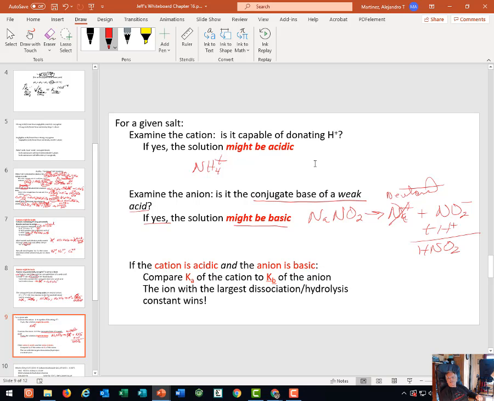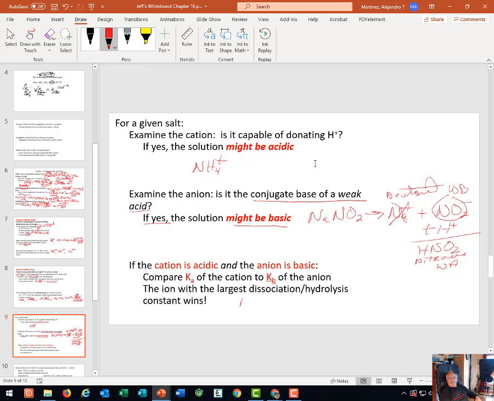Not HNO3, but HNO2. This is nitrous acid, and nitrous acid is a weak acid. And since this is a weak acid, then its conjugate base, nitrite anion, is a weak base. If the cation is acidic and the anion is basic, both Ka and Kb have to be considered.